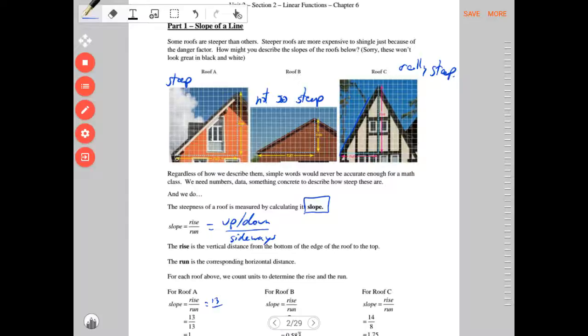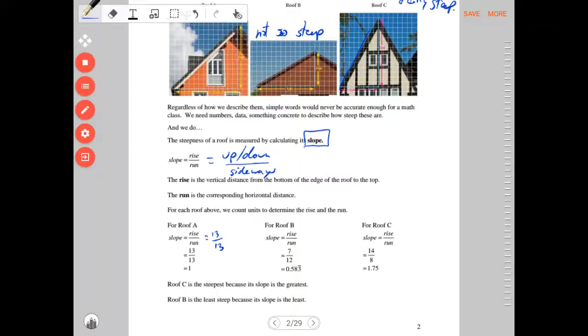And the run, starting here, 1, 2, 3, 4, 5, 6, 7, 8, 9, 10, 11, 12, 13 units as well. So the rise is 13, the run is 13, so 13 over 13. This one's slope is 1. We don't have anything to compare that to yet, so it's just 1. It's kind of steepish, I guess.